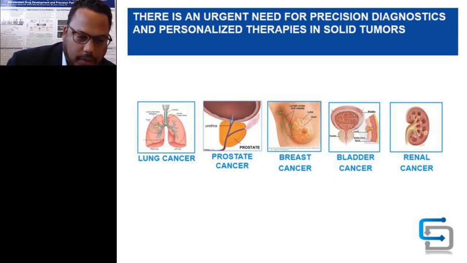For example, in prostate cancer, castration is still a viable mode of treatment. So in order to really get at personalized and precision medicine, we need to think about approaching current diagnostic and current drug development techniques in a different way.